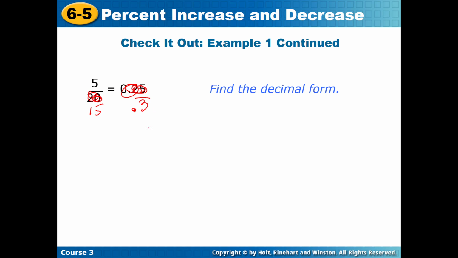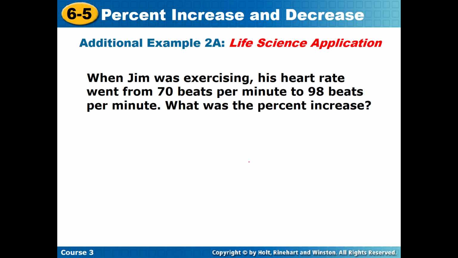Okay, now if you remember this, when you multiply this by 100, it's going to give you 0.33, okay, and that decimal is going to be moved over, and we'll end up with 33.3 with a bar, right? But how do we have to write that? 33 1/3%. Now, since we were going from 15 to 20, this is a 33 1/3% increase.